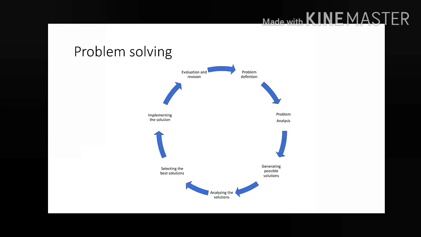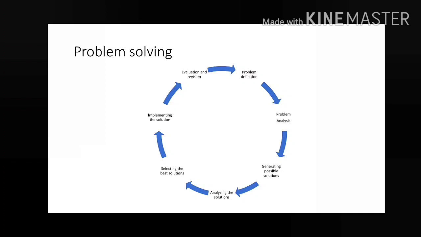Here, friends, I will give you one example which will help you in remembering the steps. So let's start with the example. First is the problem definition. Let's take an example that you have various problems in your life. Nowadays we can see that an individual is suffering from a financial problem.